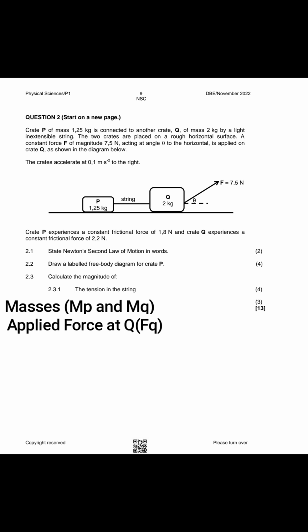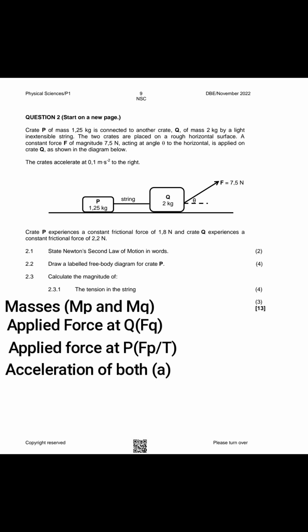An applied force for crate P is different. An applied force at crate P is through our string, and this applied force can be represented as FP or a tension force. According to the statement we have read, we are not given this tension force, or this force applied at P through our string.